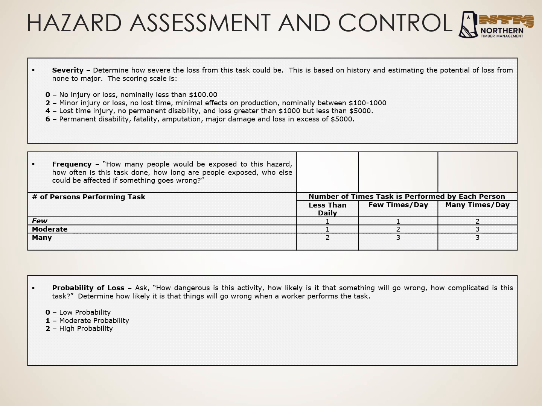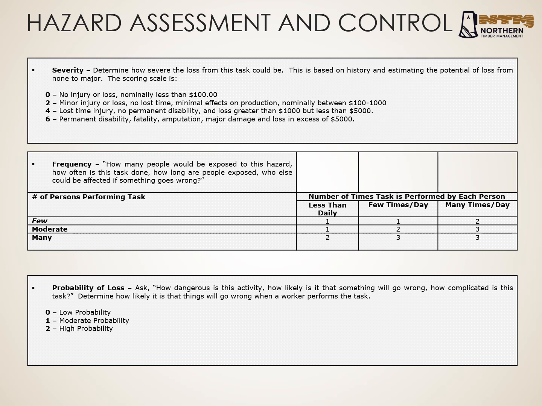The scoring scale is 0, no injury or loss, nominally less than $100. 2, minor injury or loss, no lost time, minimal effects on production, nominally between $100 and $1,000. 4, lost time injury, no permanent disability, and loss greater than $1,000 but not less than $5,000. 6, permanent disability, fatality, amputation, major damage and loss in excess of $5,000.